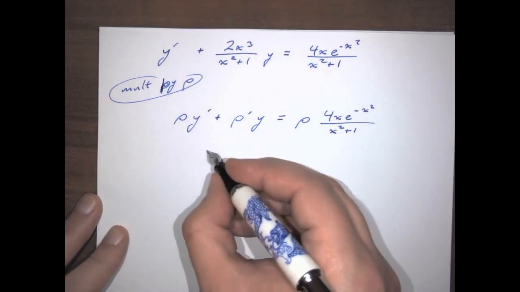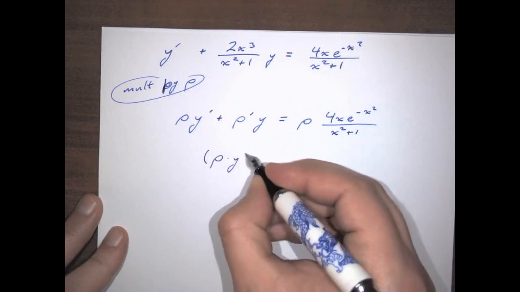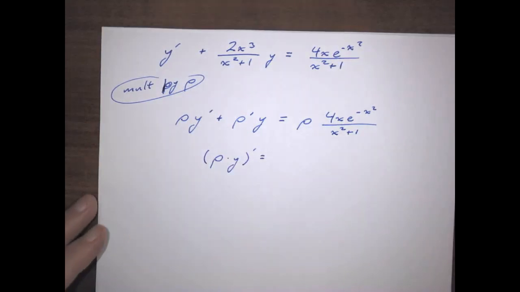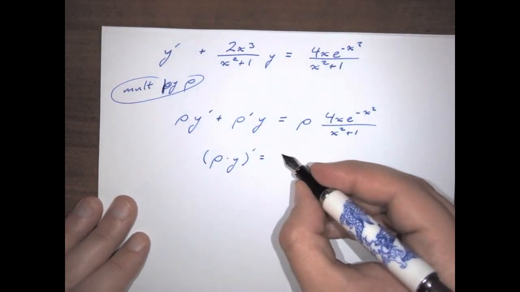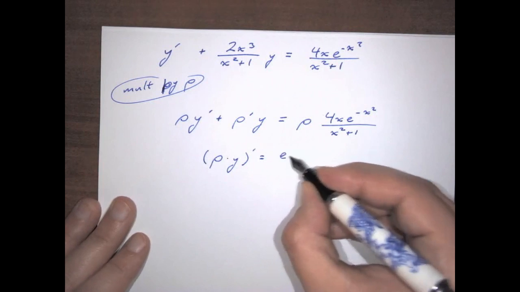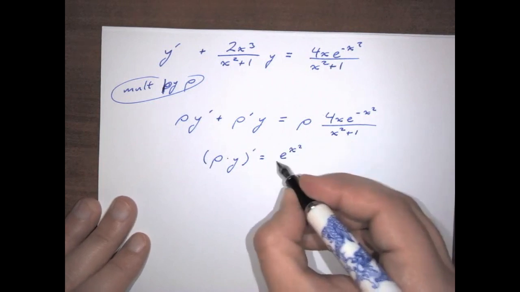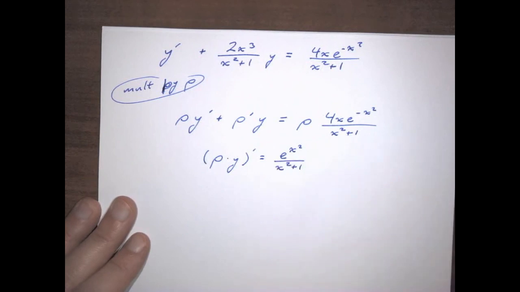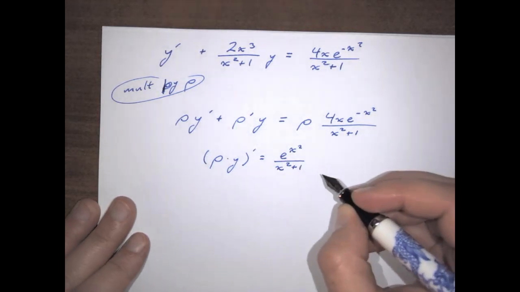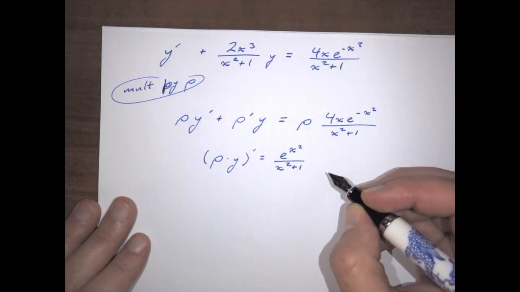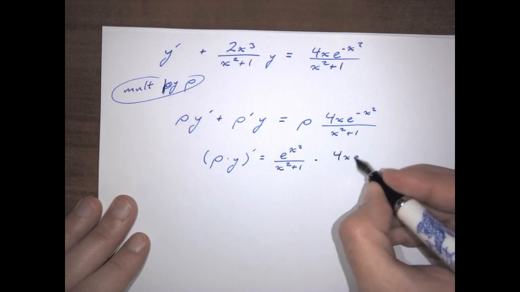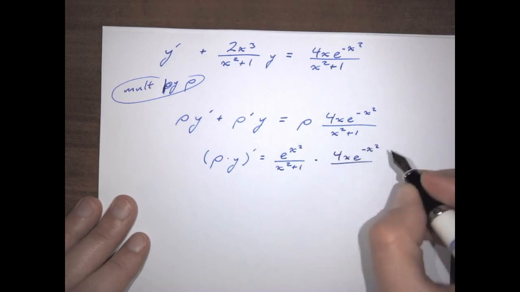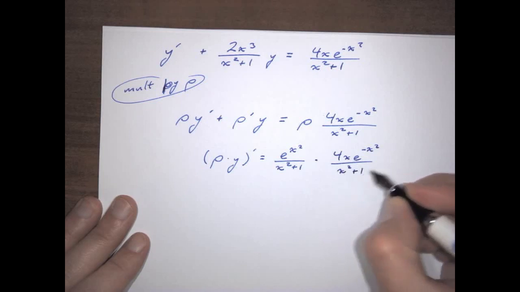And so here what we're going to have is just rho times y prime. Again, it's the product rule. That's the whole point of an integrating factor. And then over here, what's this going to be? So rho is equal to e to the x squared divided by x squared plus 1. And so what we're going to have here is going to be multiplied by 4x e to the negative x squared over x squared plus 1.